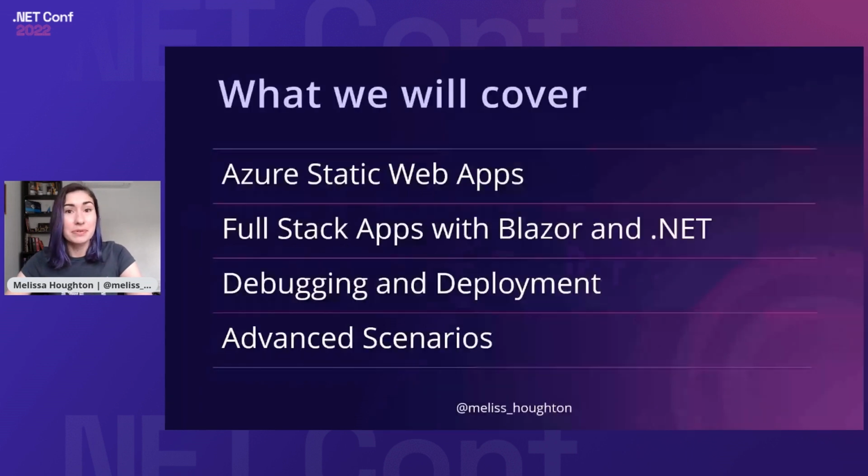So today we will be talking about Azure Static Web Apps, what that is, and how you can use it with full stack .NET applications using Blazor WebAssembly and .NET in your backend as well. I'll talk about some of the ways we can do debugging and deployment, how you can get up and running, and even talk about how you can get into some advanced scenarios. We only have 25 minutes, so I'll try and be quick, 25 to 30 minutes.